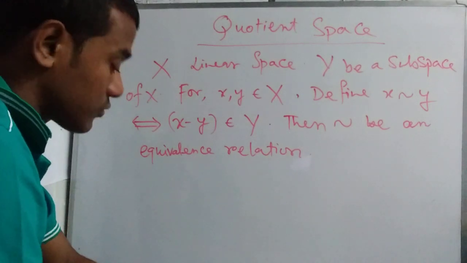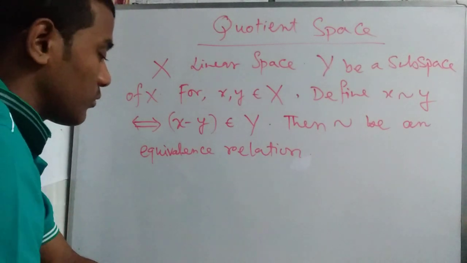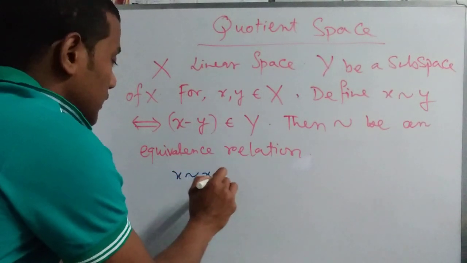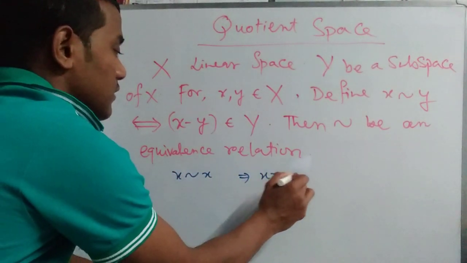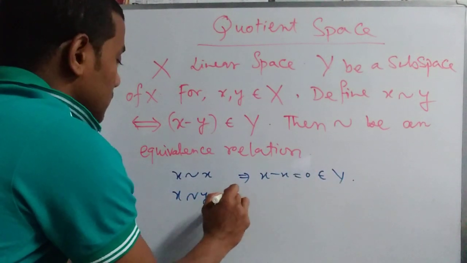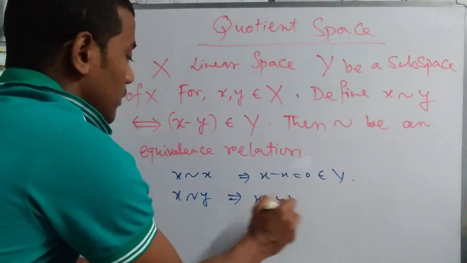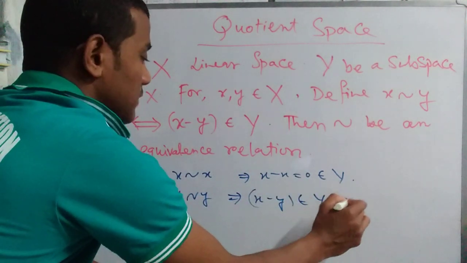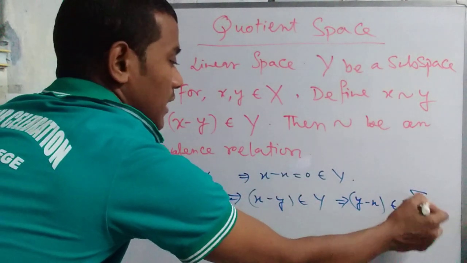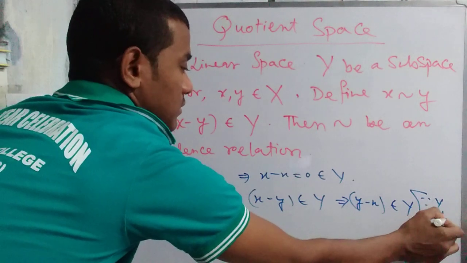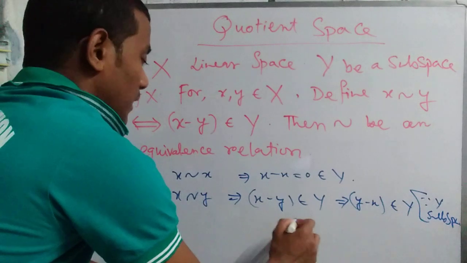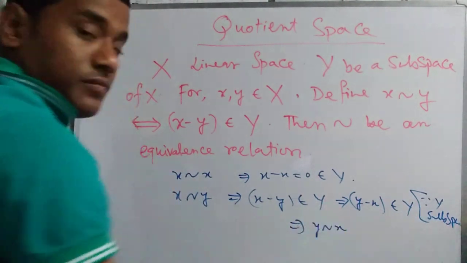So x related to y means x minus y belongs to Y, which implies that y minus x belongs to Y, because Y is a subspace. Hence y is related to x.